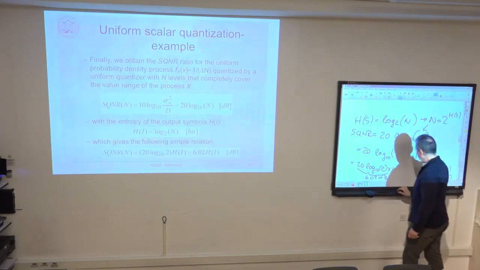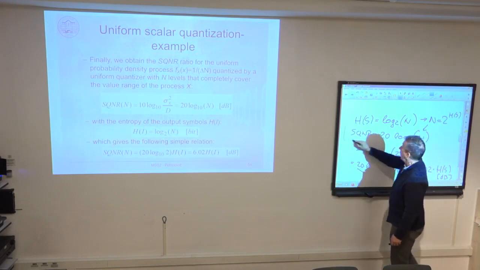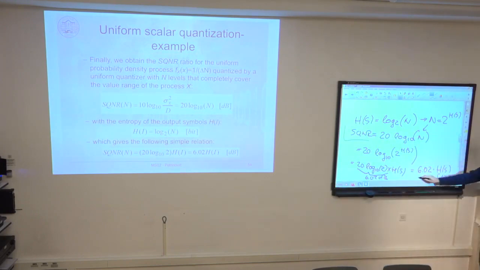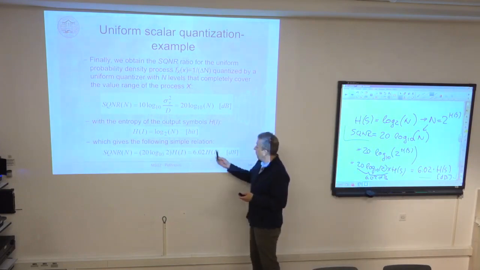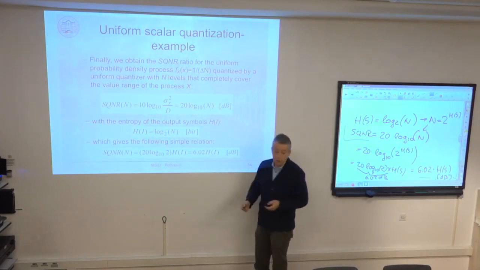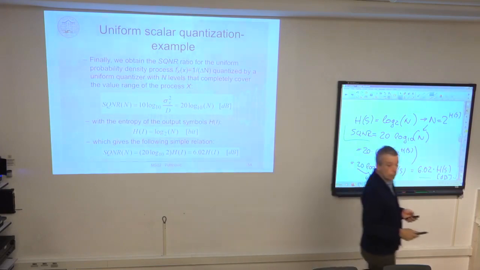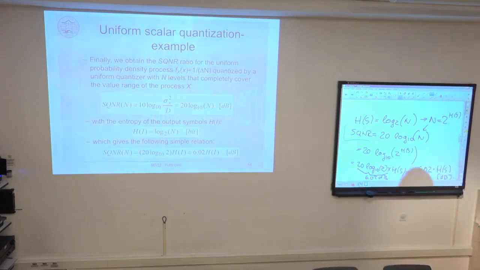So I can derive this relationship between the quality measure and the output rate, so that for each bit that I add to the output rate, I get 6 dB of quality. I have this linear relationship. Okay? If I introduce one additional bit to the channel, if the message is not 3 bits but 4 bits per symbol, I gain 6 dB in quality, 6.02 decibels in quality.